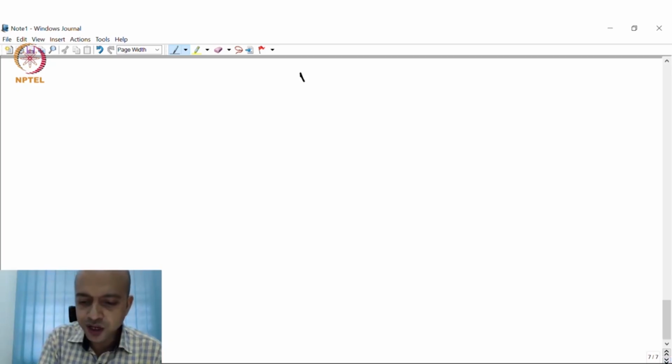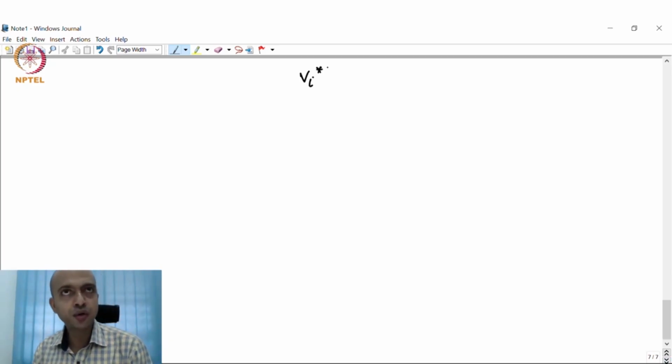Let us say that vi star is a latent variable which we cannot observe, because every individual will calculate in their mind the cost and benefit of visiting that place. If the benefit is higher than the cost, then only the individual will make a trip.